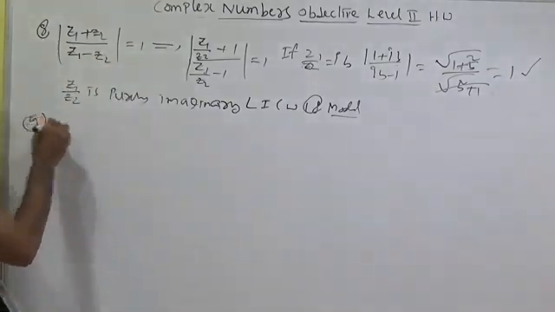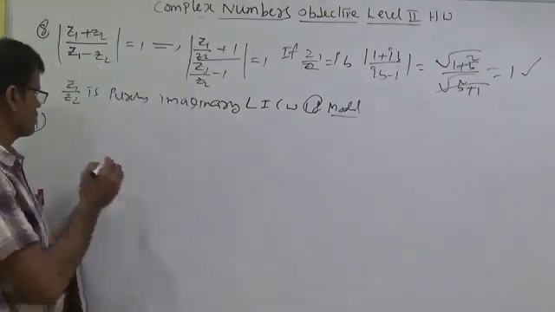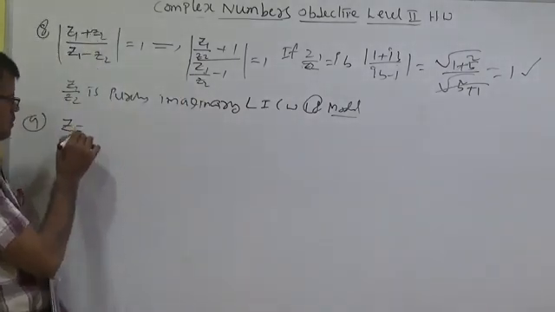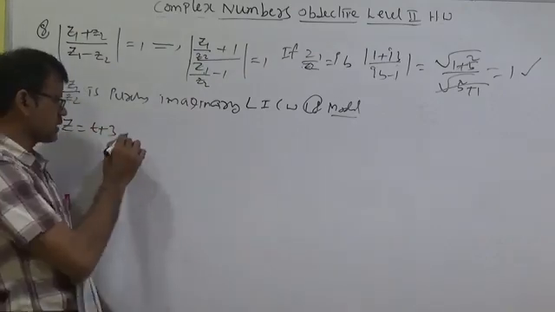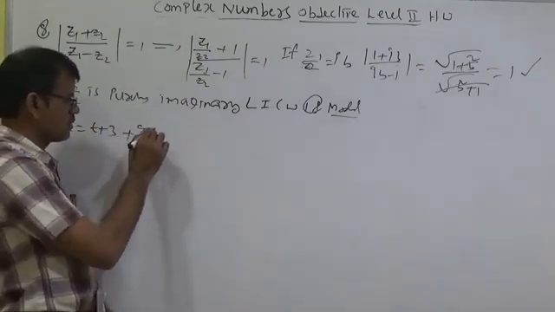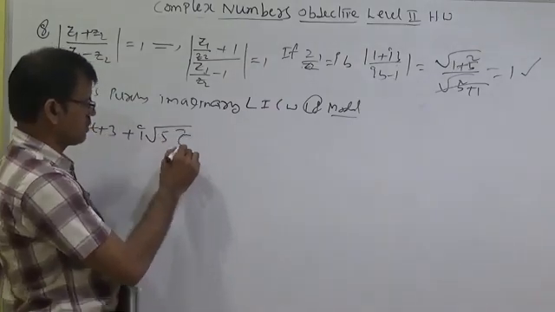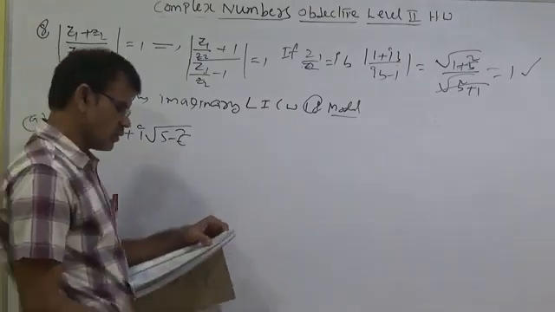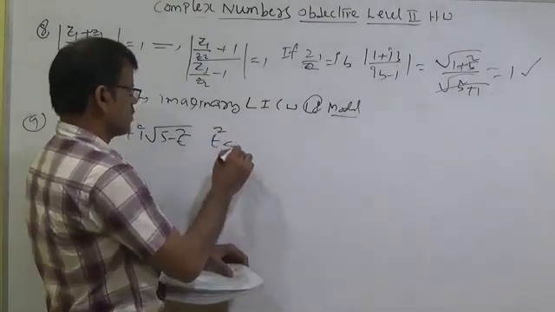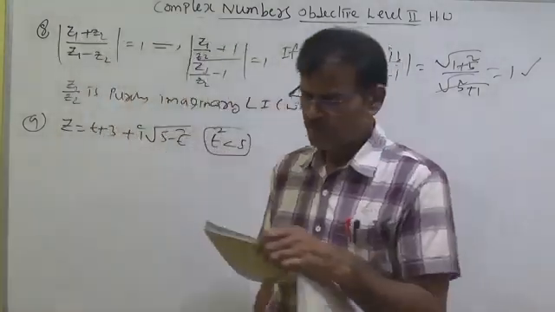Now 9th question. Z is equal to T plus 3 plus iota into root of 5 minus T square. So T square less than 5 is given, T less than root 5.